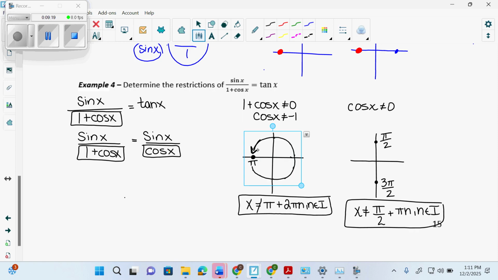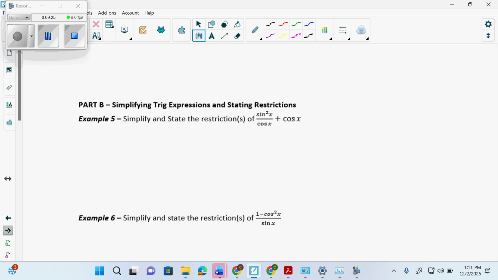Okay, flip over. Okay, so these ones want me to simplify, this one wants me to simplify and state restrictions, right, Campbell? Right. So we're going to simplify and state restrictions.